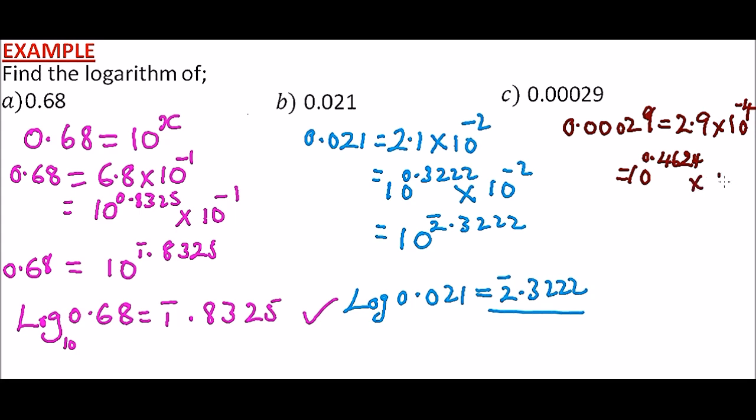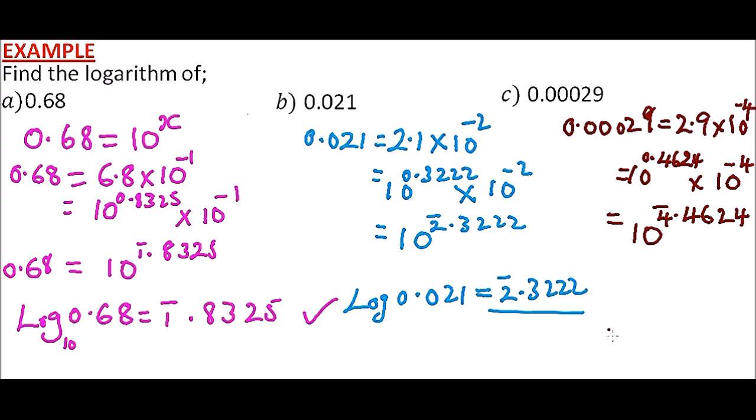You multiply by 10 to power minus 4. Then when you combine, you get 10 to power bar 4.4624.